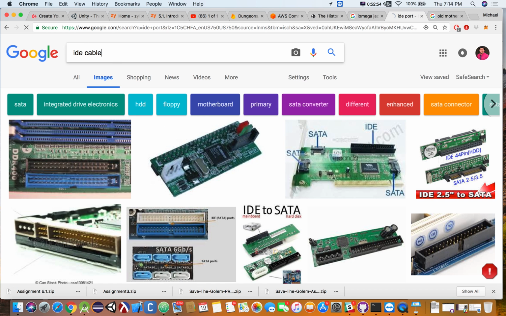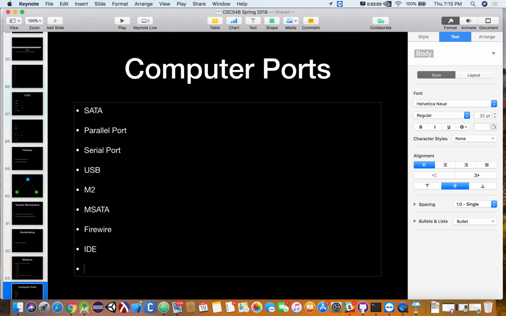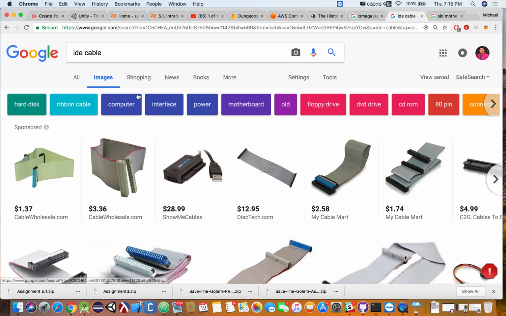Ribbon cables? What about SCSI? Oh, we haven't heard of SCSI? Oh, SCSI was great.